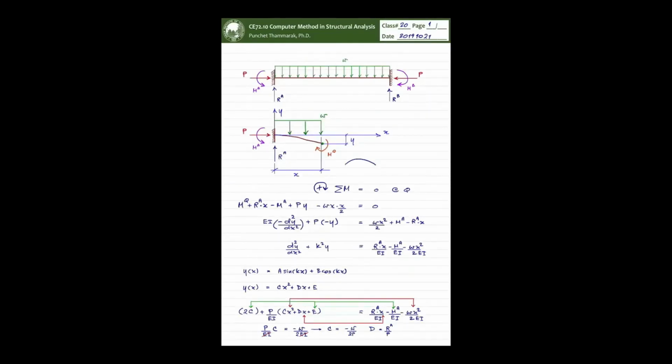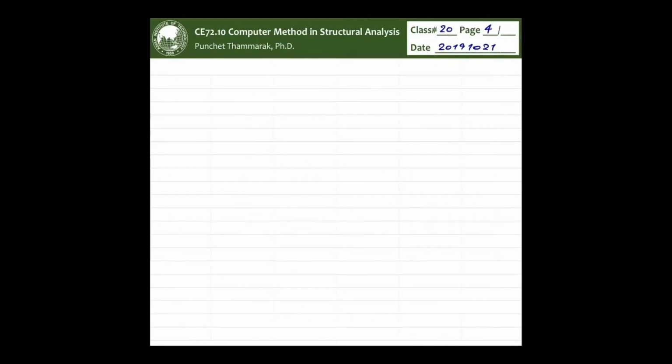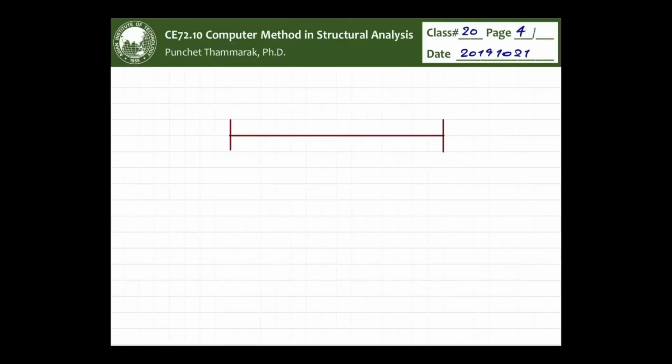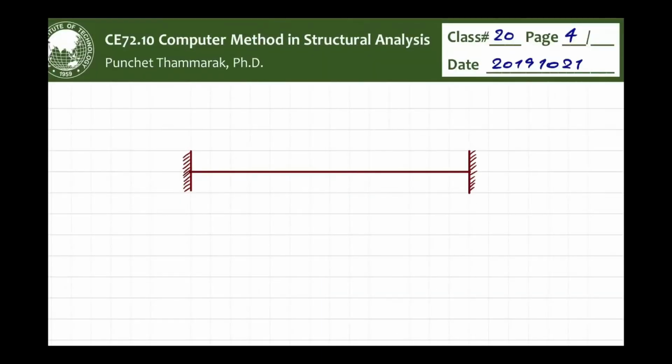Maybe another case where you have the beam under the presence of the distributed load that looks like the triangle, so that it varies linearly with the distance x.